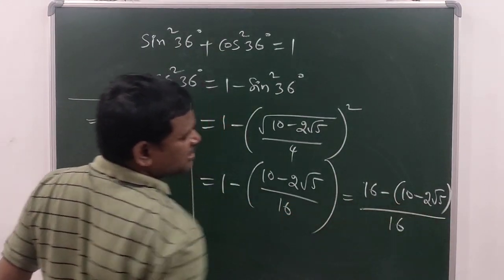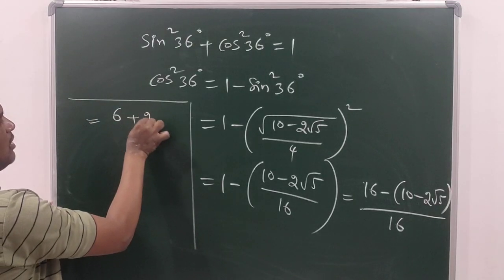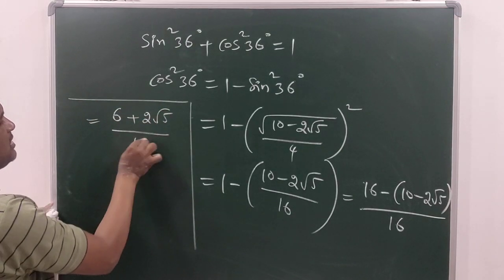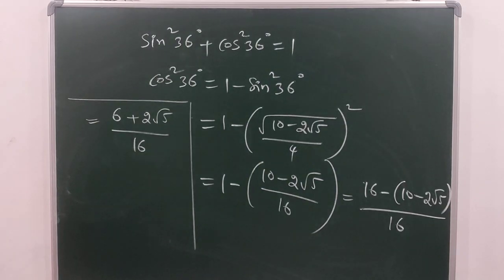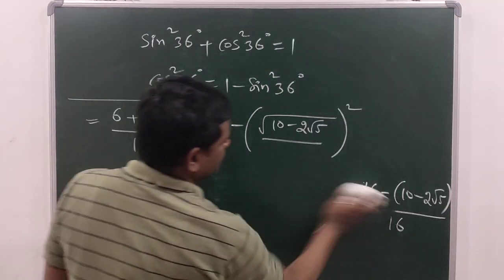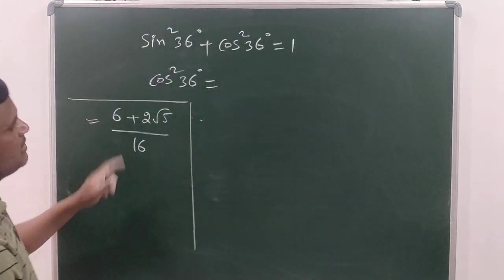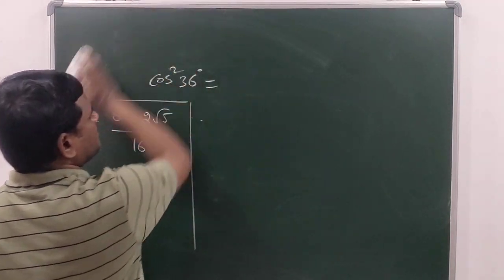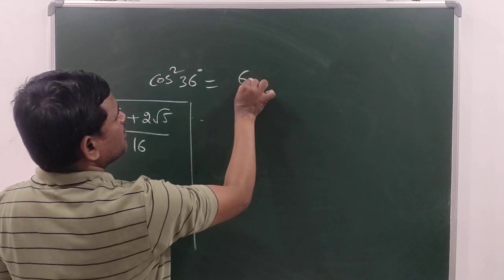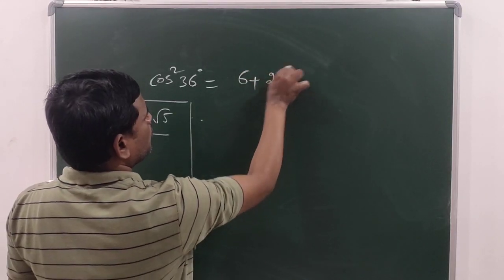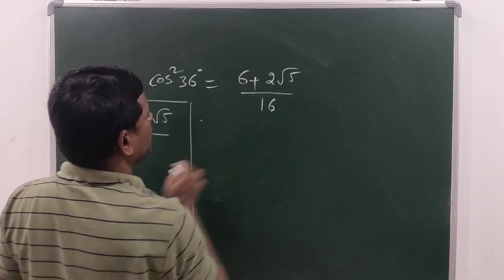This minus into minus, plus 2 root 5 by 16. Okay? Right. What is this? Cos square 36 degrees. Cos square 36 degrees, what you got? 6 plus 2 root 5 by 16 you got.